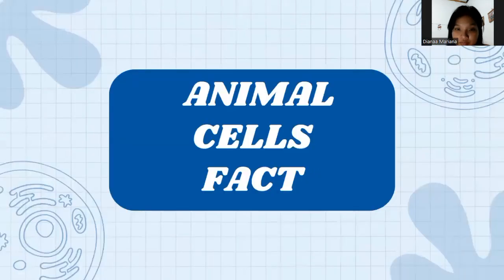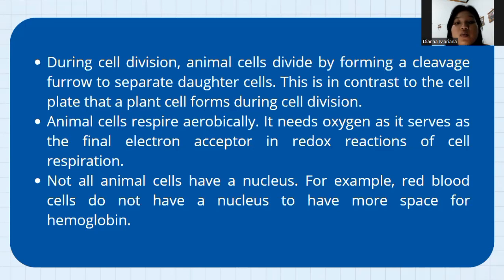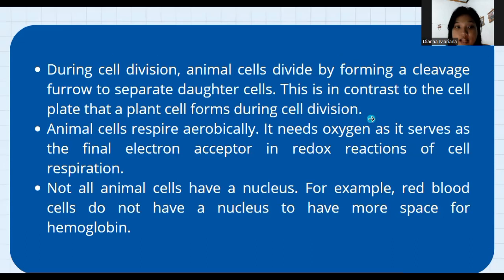Animal cell facts. One, during cell division, animal cells divide by forming a cleavage furrow to separate daughter cells. This is in contrast to the cell plate that plant cells form during cell division.